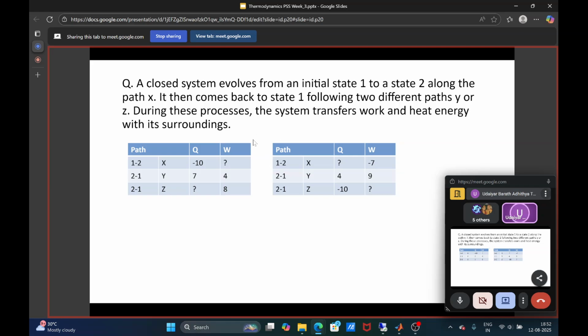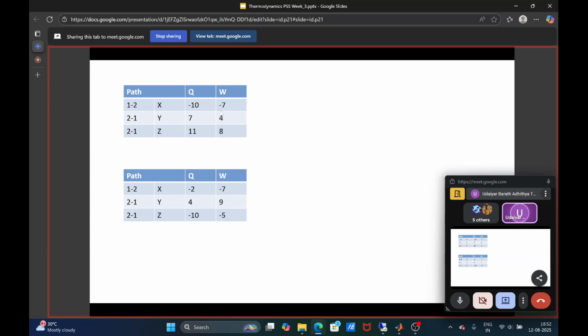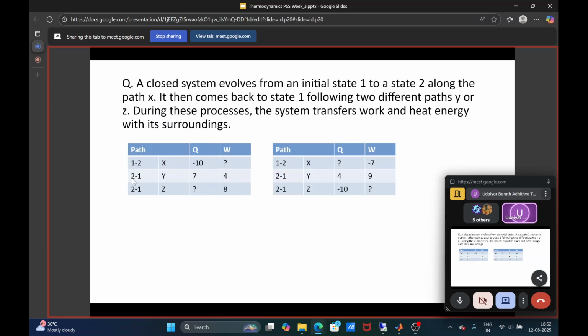Taking it to the other side, minus 3 minus 4 is minus 7. Similarly for 1 to 2 and 2 to 1 by x and z: minus 10 plus some Q, and W is minus 7 plus 8, which gives 1. So Q at z is 11, and that's how it is satisfied.